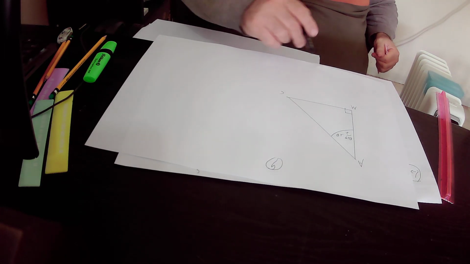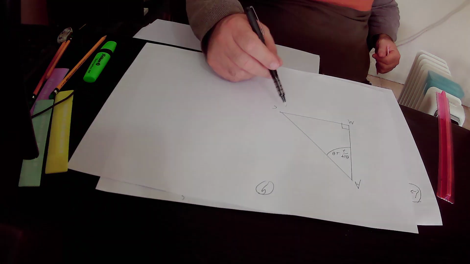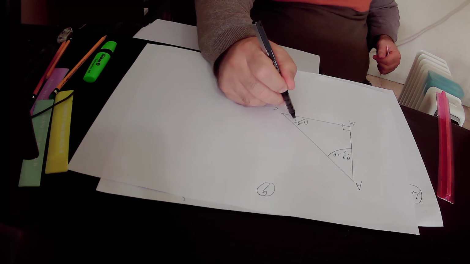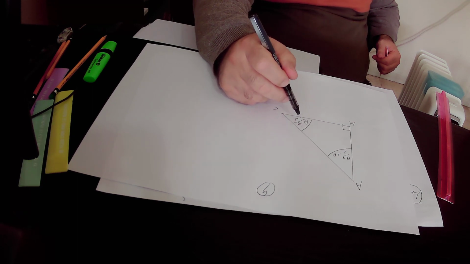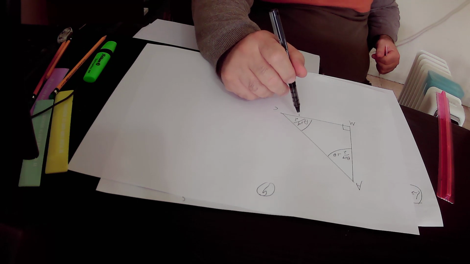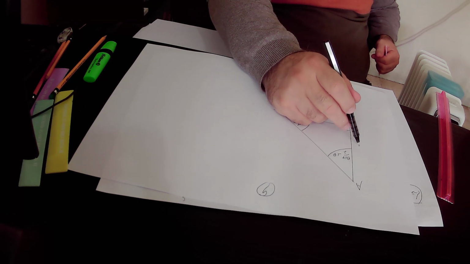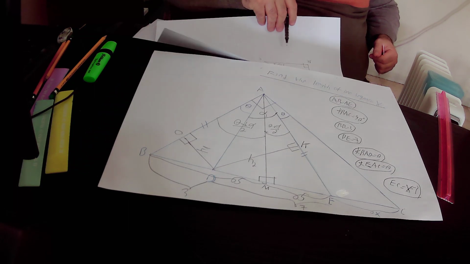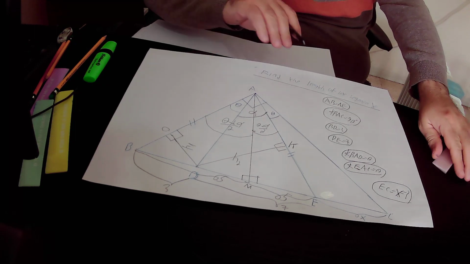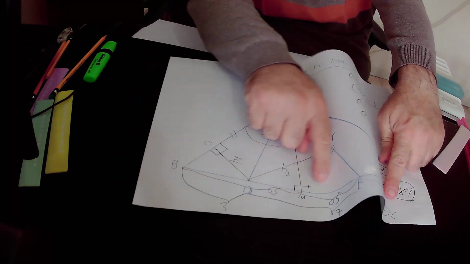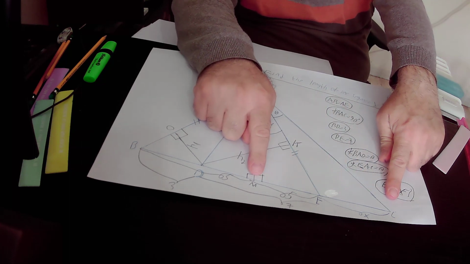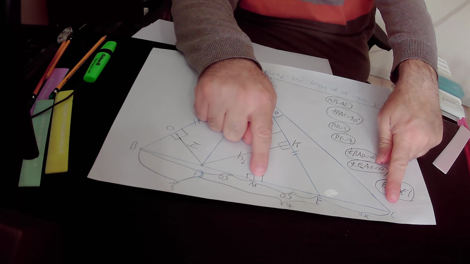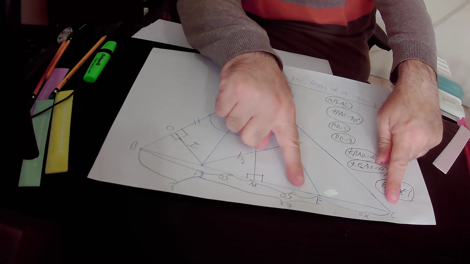I repeat again, we found out that the value of this angle MCA equals theta plus alpha over 2. And according to our definition, AM equals H. What is the value of MC? You can see it easily from the drawing that MC equals 5 plus x. Okay? MC equals 5 plus x.